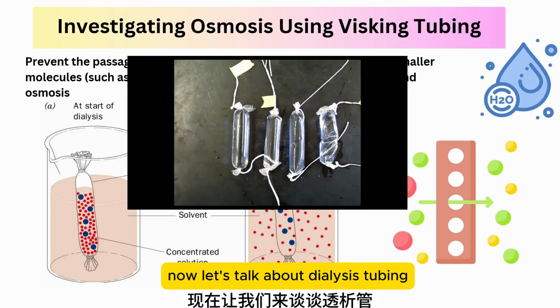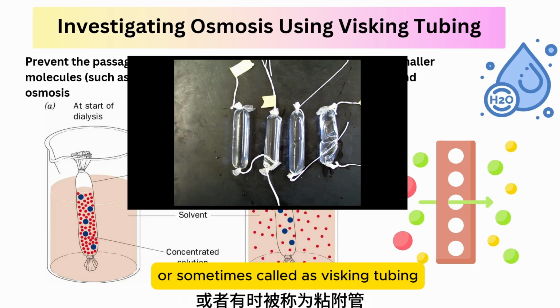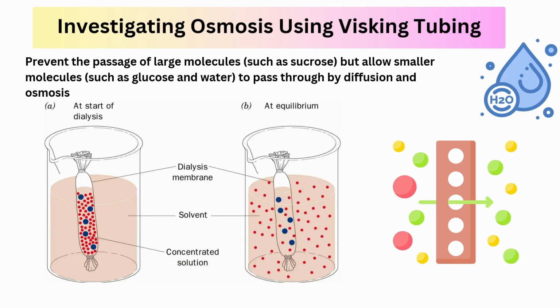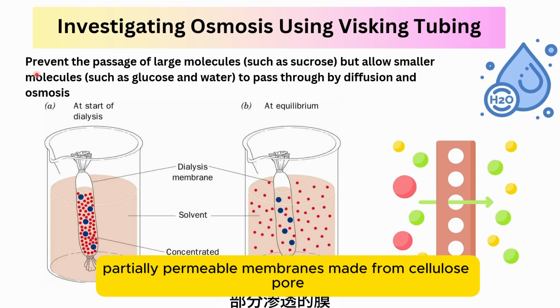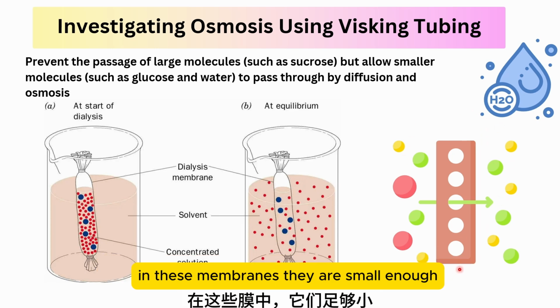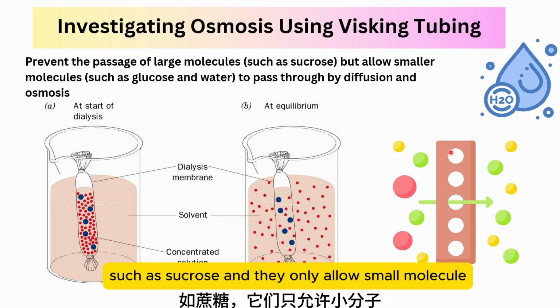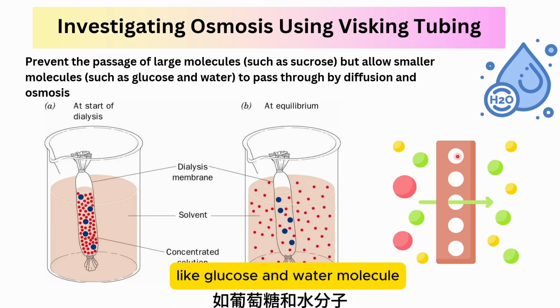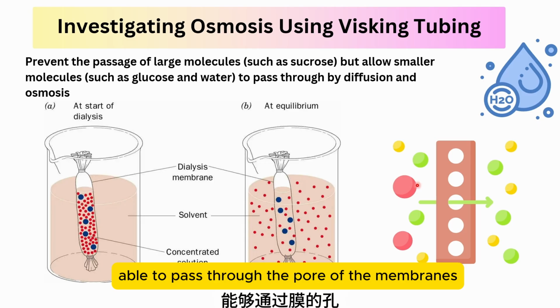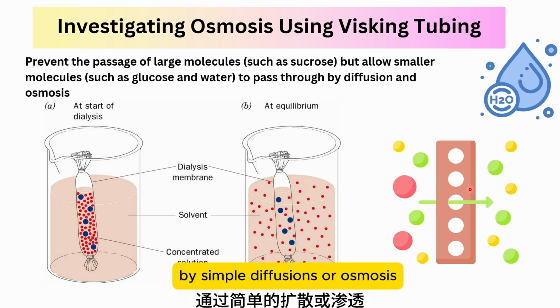Now, let's talk about dialysis tubing, sometimes called Visking tubing. It is a non-living, partially permeable membrane made from cellulose. Pores in these membranes are small enough to prevent the passage of large molecules such as sucrose, and they only allow small molecules like glucose and water molecules to pass through the pores of the membrane by simple diffusion or osmosis.